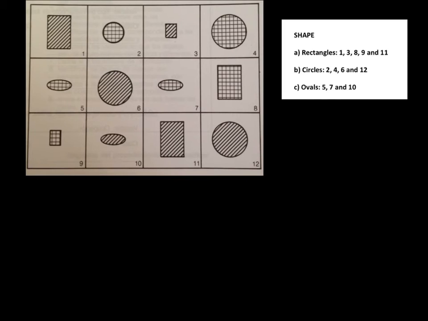For the first criteria, which is the shape, we have rectangles, which are number 1, 3, 8, 9, and 11. We have circles, which are 2, 4, 6, and 12. And finally, ovals, we have 5, 7, and 10.